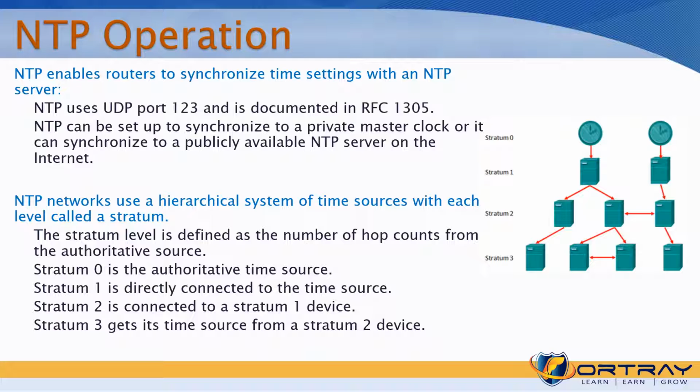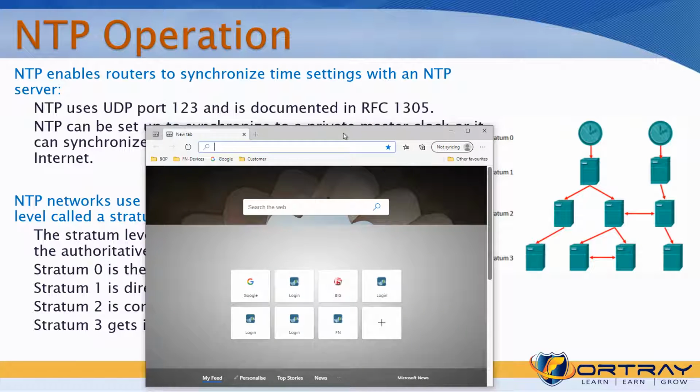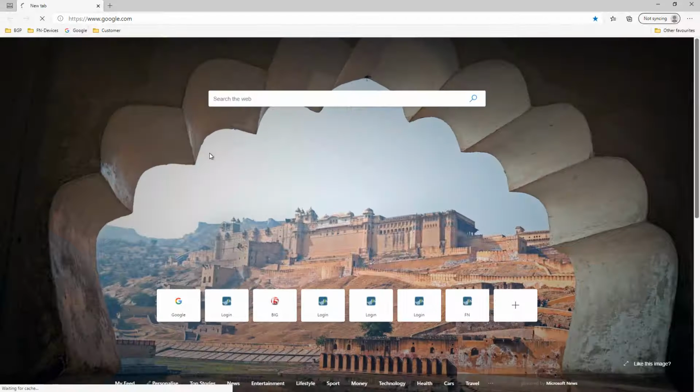For example, if I go to the internet for the NTP clock, and the device has internet connectivity and can reach the internet, we can configure an internet NTP server. Many companies provide NTP servers. If you don't have your own NTP server, you can use theirs.